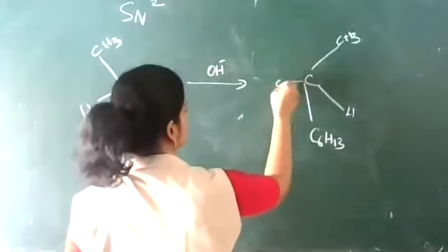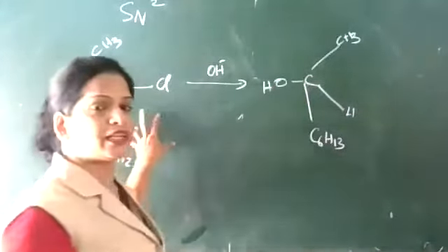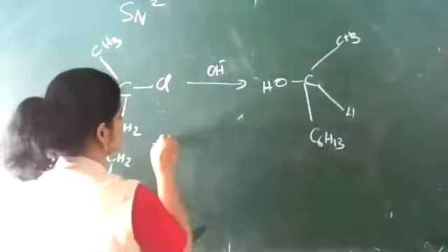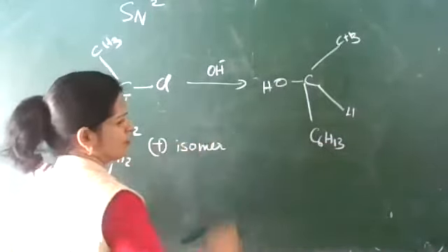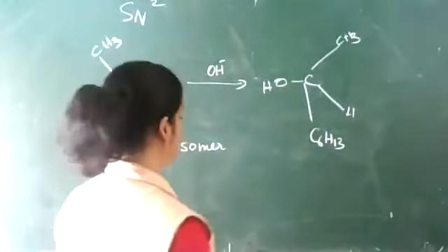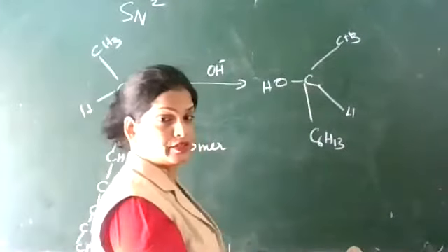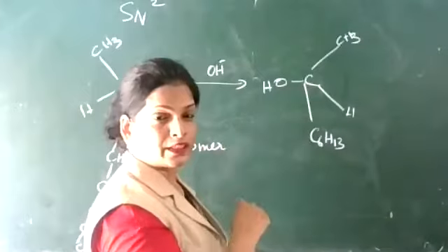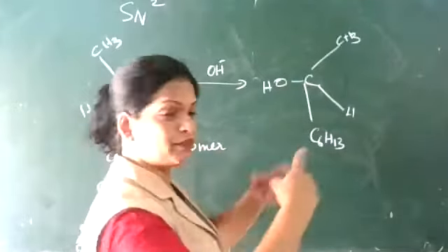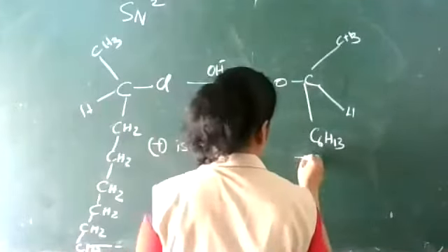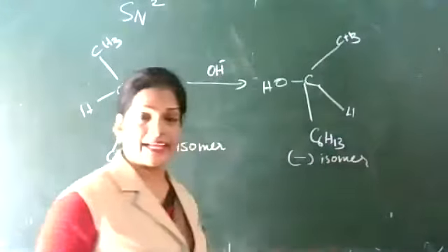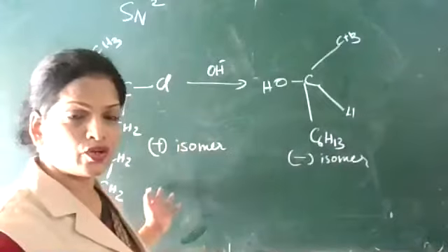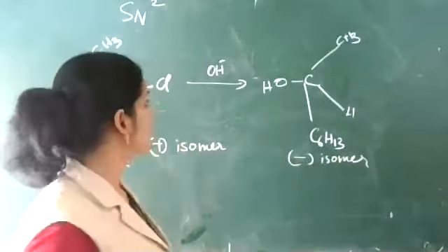If this is dextrorotatory, suppose this is the plus isomer, that will become laevo because inversion of configuration takes place. This plus changes to minus due to the inversion. Both are called enantiomers. One is dextro, one is laevo.